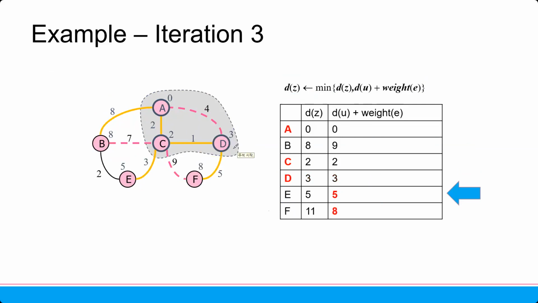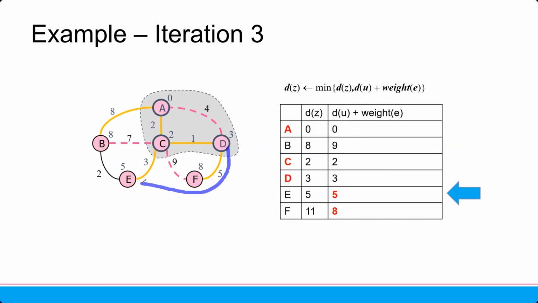Again, we will check the other possible path. Now we still have the A and B like this one because there is no path from D to B. Okay, there is no path from D to B. What about D to E?